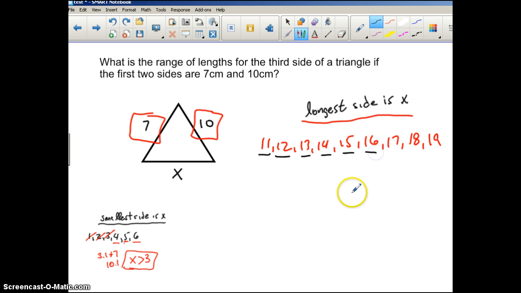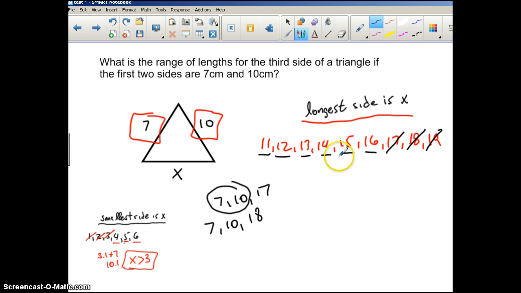And then when you get down to 17, you notice you would then have the three sides, 7, 10, and 17. And the two smaller sides in this case are not bigger than the biggest side, so 17 does not make a triangle. Same thing's going to happen for 18. You take 7, 10, and 18, and you're going to find that the two smaller sides are not going to be greater than 18. 18 is not going to work, and for the same reason, 19 is not going to work.